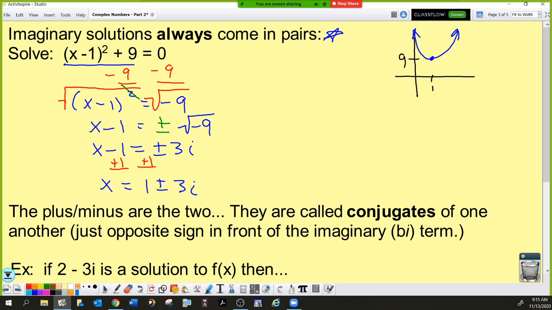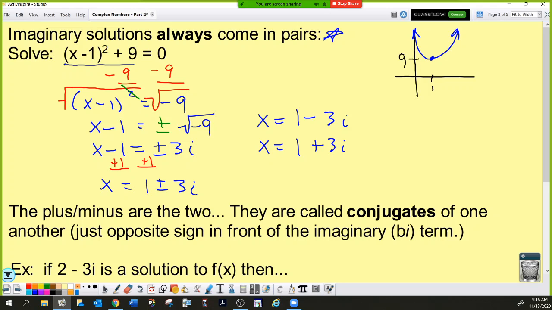If I were to write these as 2 separate solutions, I'd have x equals 1 minus 3i and x equals 1 plus 3i. Look at those 2 complex numbers. Completely identical except for that symbol in the middle. One's a plus and one's a minus. Well, that plus and that minus created the 2 solutions. These two solutions are called conjugates, complex conjugates.